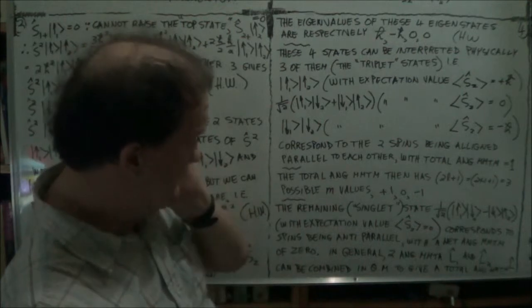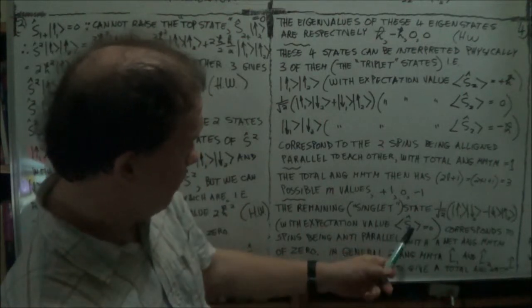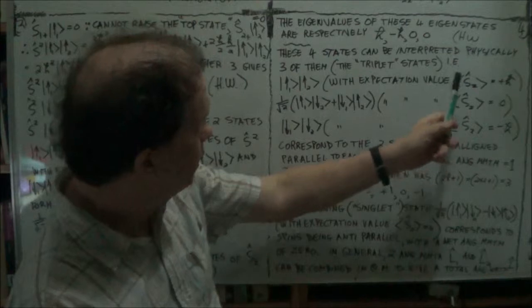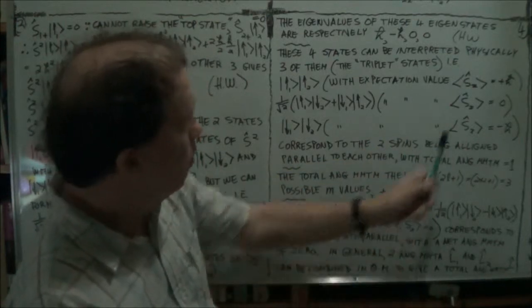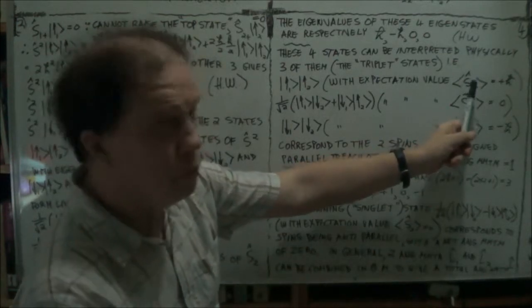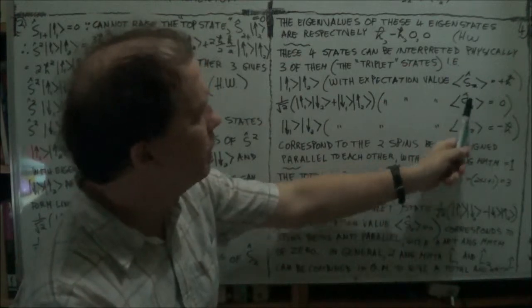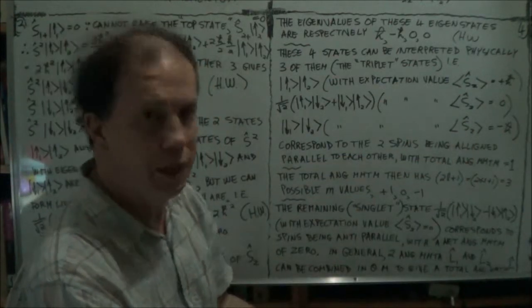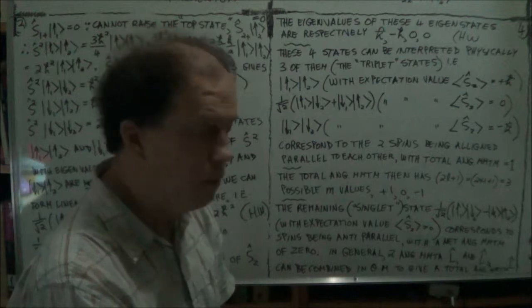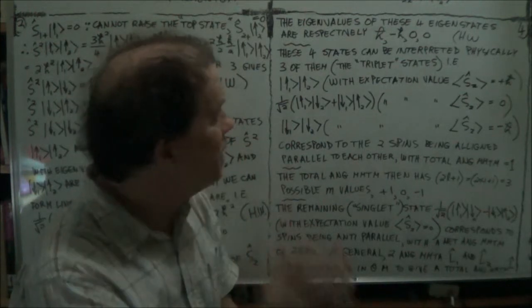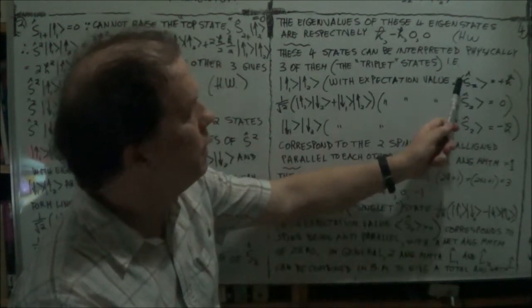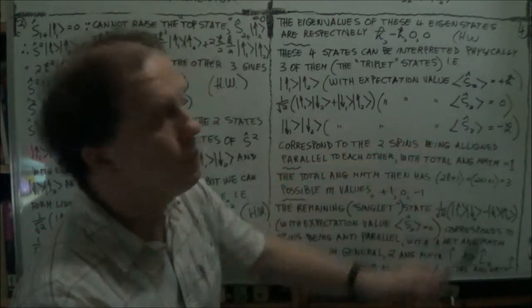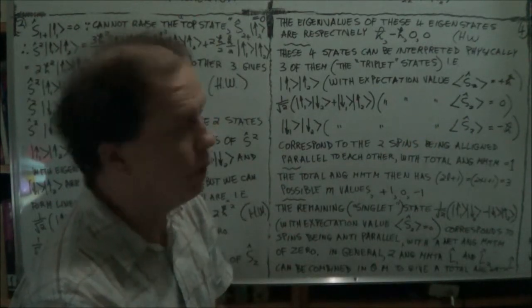Now, you can talk about these four states. Remember, I've done this kind of thing before, but to calculate an expectation value, meaning the average measured value, you need two things: the operator and the wave function you're talking about.